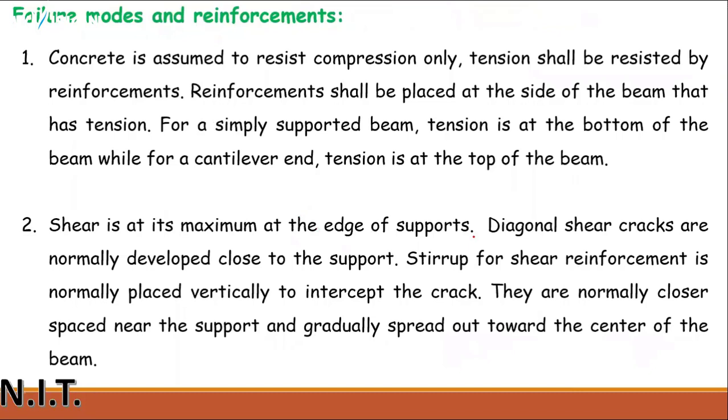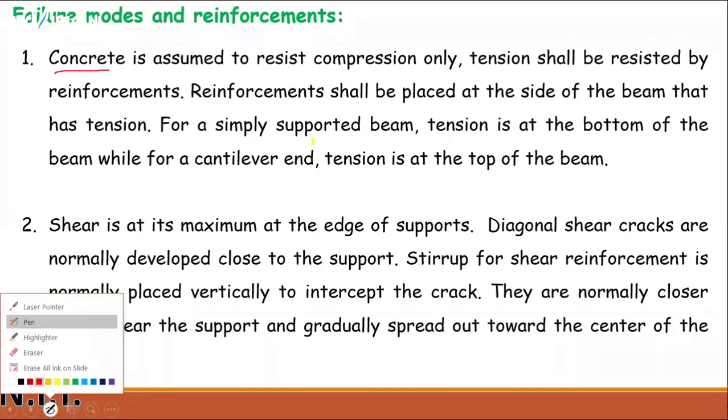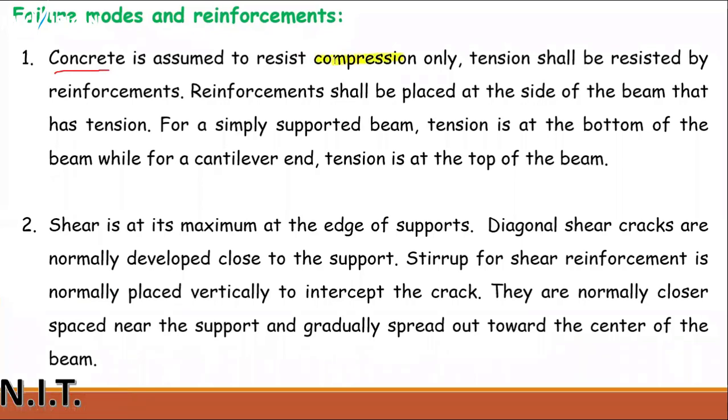Failure modes and reinforcement. Try to understand it. Concrete is assumed to resist compression only. We assume that concrete is a brittle material, so that's why it can resist only compression forces, compression load.